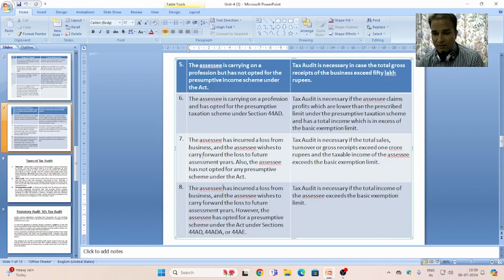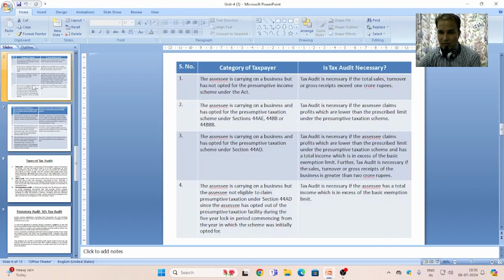In point number 7, the SSC did not opt for the presumptive scheme. In point number 8, the SSC opted for the presumptive scheme. So in the 8th category, the tax audit is necessary if the total income of the SSC exceeds the basic exemption limit.